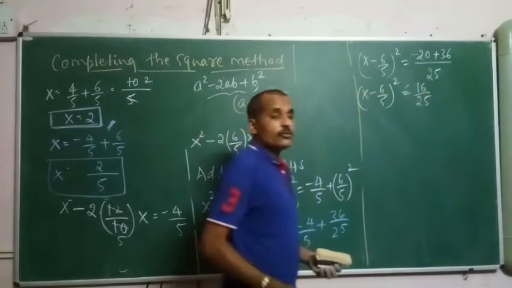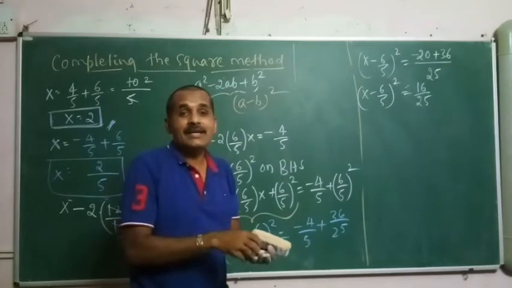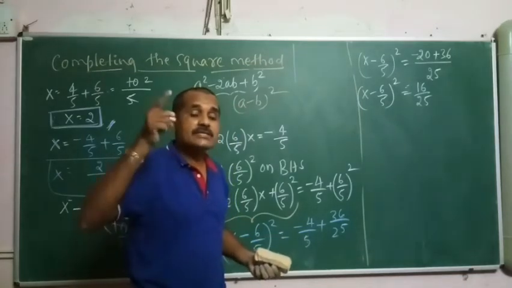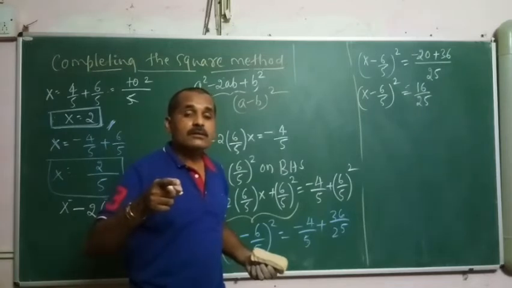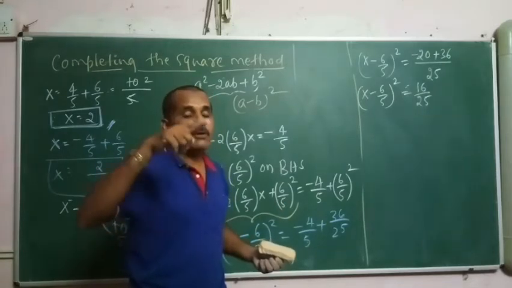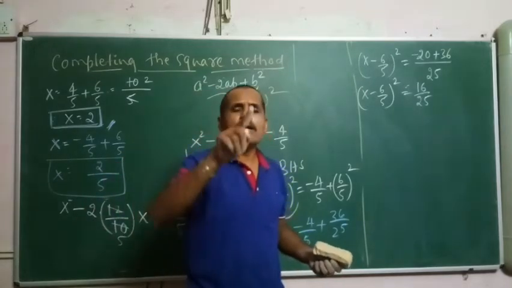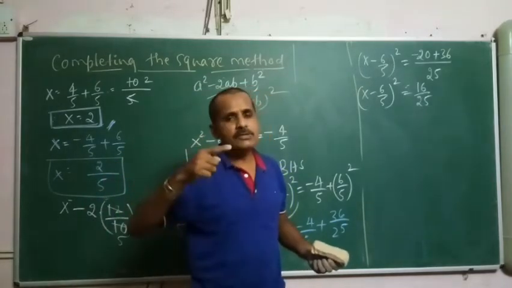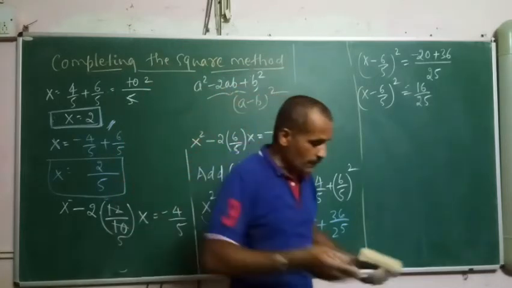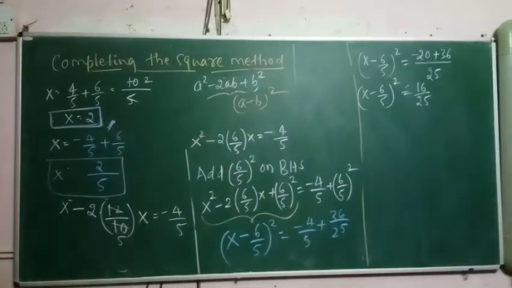That means I have to take the square root on both hand sides. And you know that whenever the square root is taken for any number, there are two roots, one plus and one minus. Because the square root of 25 is plus 5 or minus 5, because plus 5 squared is also 25, minus 5 squared is also 25.